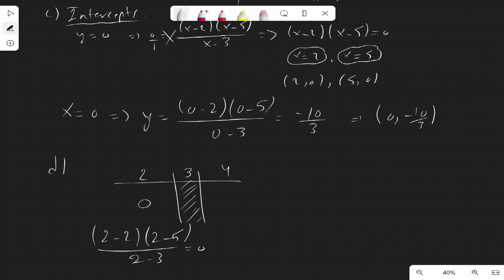The other one, replace: 4 minus 2 times 4 minus 5 divided by 4 minus 3, which is negative 2.